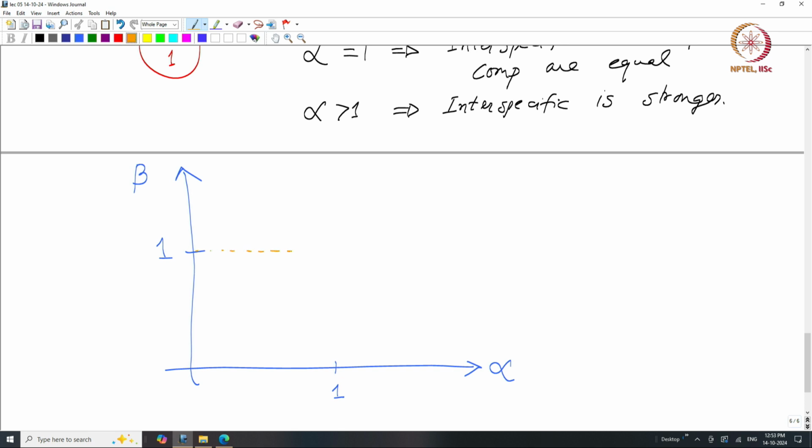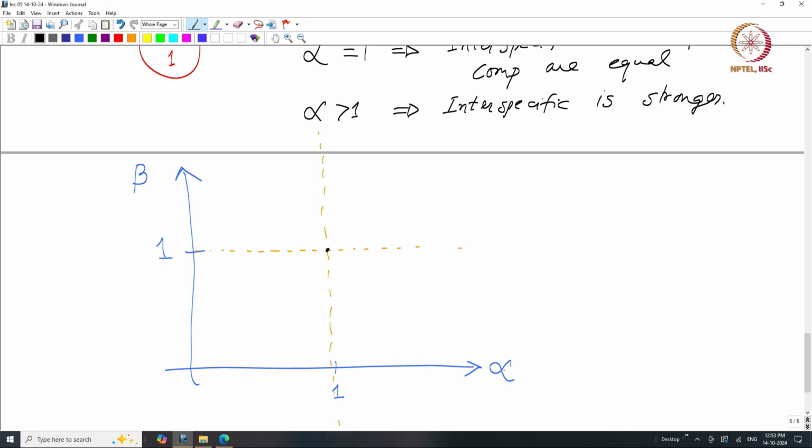So, this intersection of the two lines, value of alpha is equal to 1, value of beta is equal to 1. If we have both alpha equal to 1 and beta equal to 1, it basically means that intra-specific competition and inter-specific competition are the same for both the species.